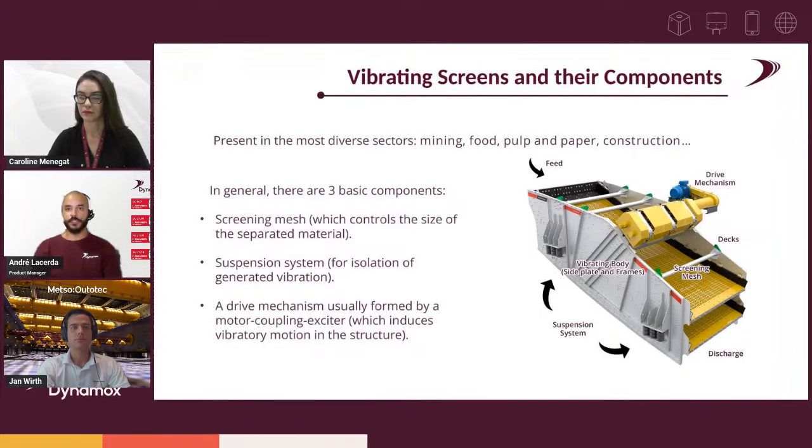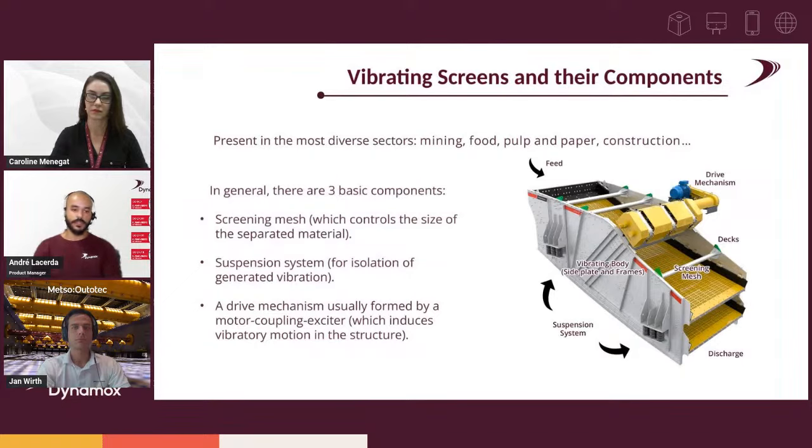But the screening mesh itself doesn't screen alone. We must have some motion there to make the job done, and that's why we have a drive mechanism and a suspension system working together to grant the screening of the vibrating screen. So the drive mechanism is formed by a motor, a coupling device, and an exciter.